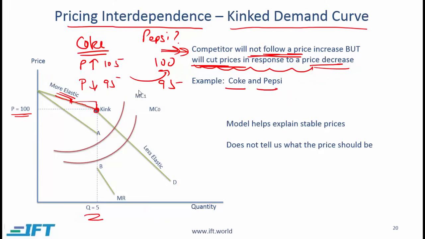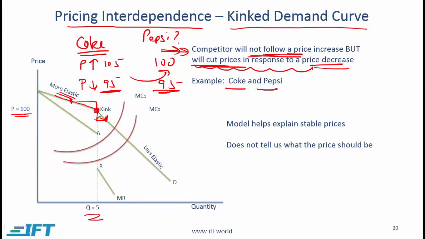What will happen to the quantity demanded? So when the price goes down to 95, the quantity demanded will increase, but not by as much because there is no substitution effect taking place. Consumers will demand a little more cola overall because it is cheaper, but consumers are not substituting Coke for Pepsi or vice versa.